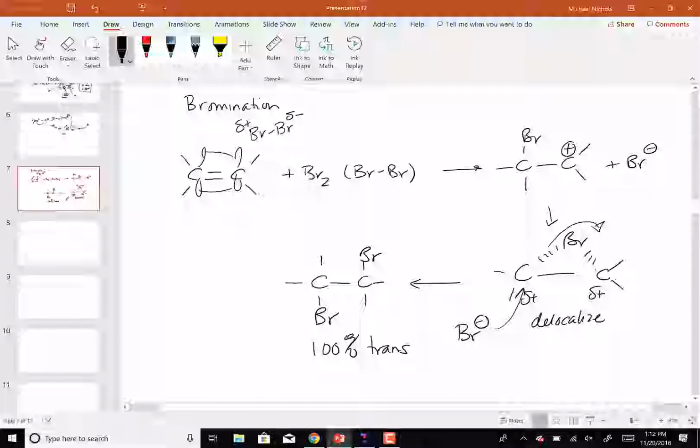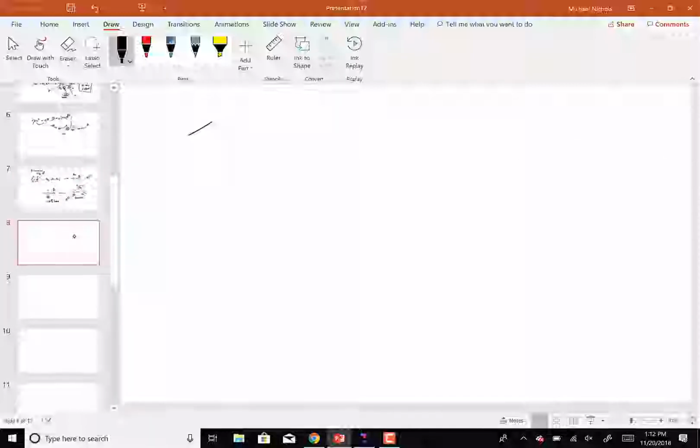So for the next reaction, let's go ahead and do this with cyclohexene. And when we do it with cyclohexene, now I have a ring, so there is going to be a difference between the bromines adding cis and the bromines adding trans. So if we take our cyclohexene ring, here's how we would typically write that mechanism.